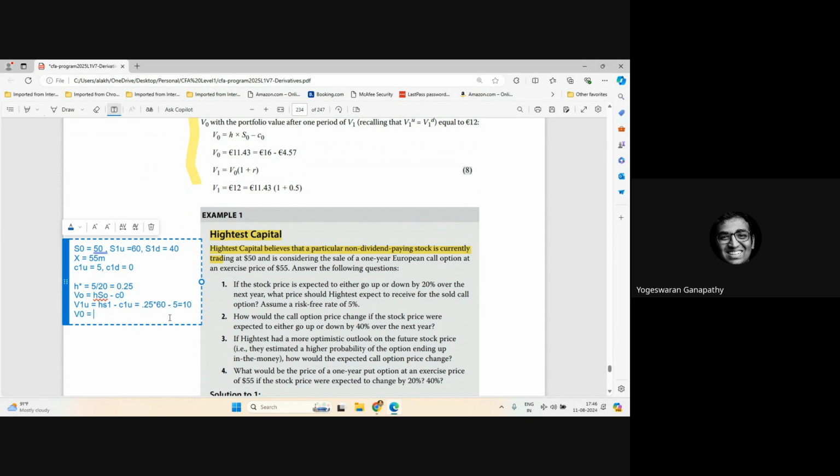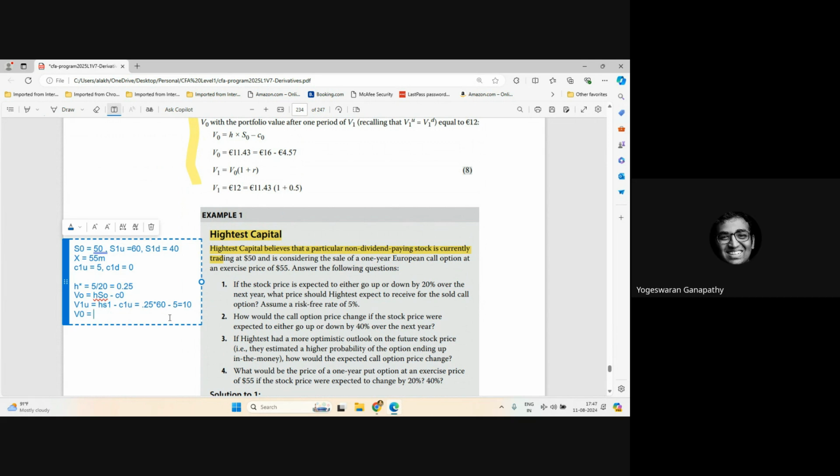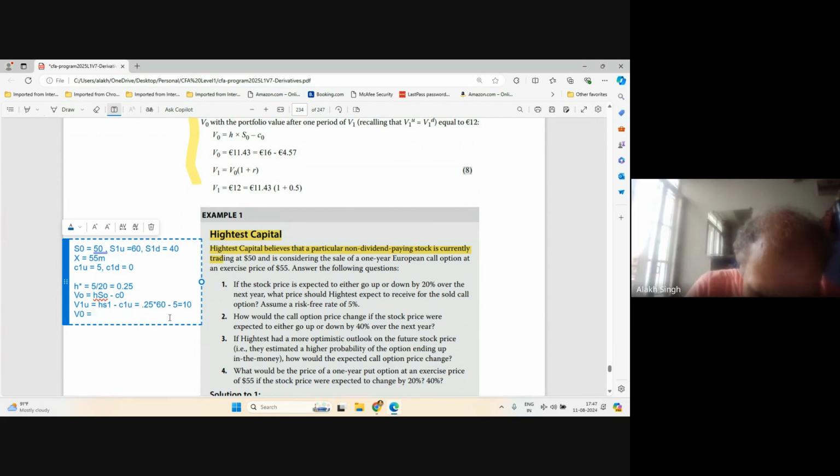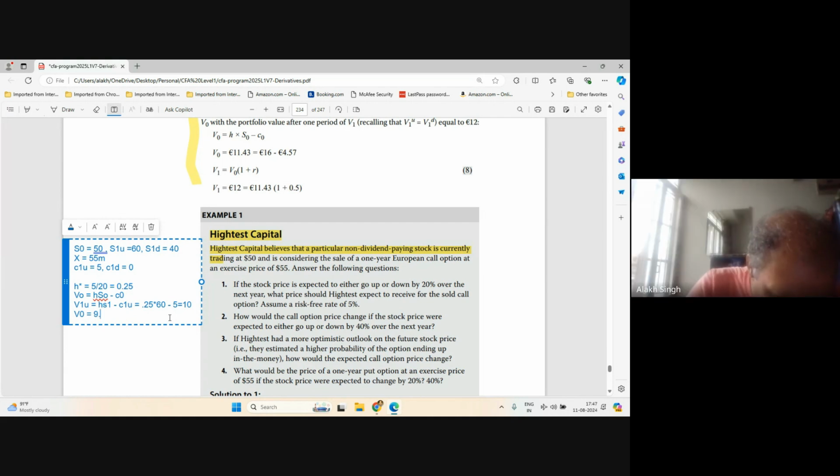So 10 divided by 1.05. V0 is 9.523, so 9.52. Now, how to calculate C0?